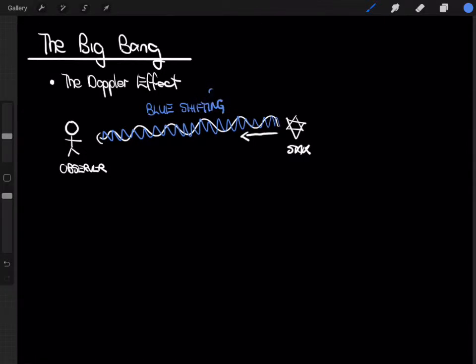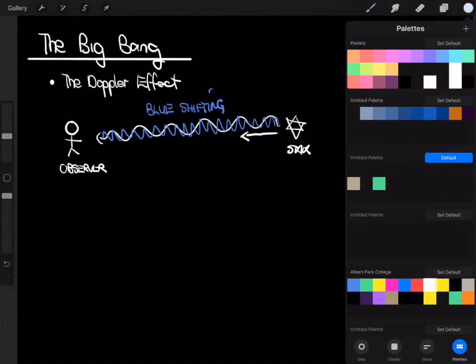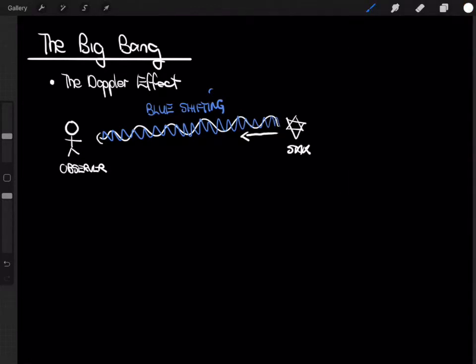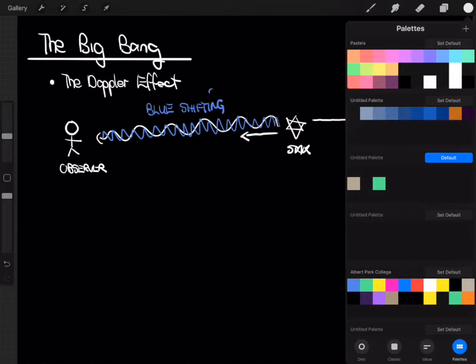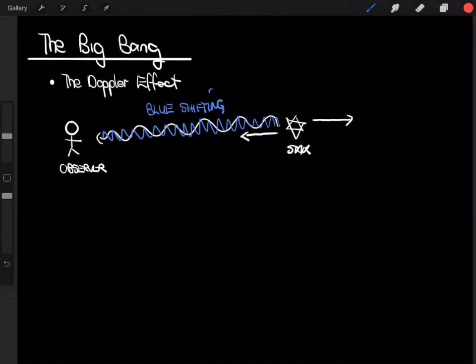On the other hand, if the star is moving away from the observer, moving away from us, then the light is stretched. The wave is stretched, and so it becomes redder in color, and it becomes what we call redshifted.